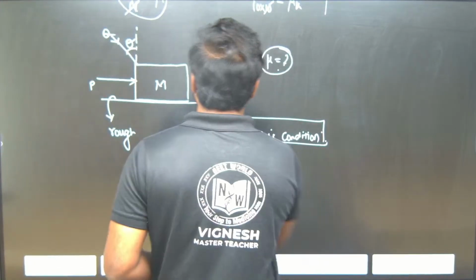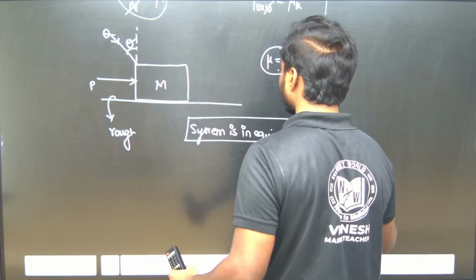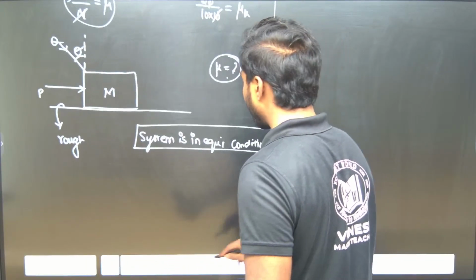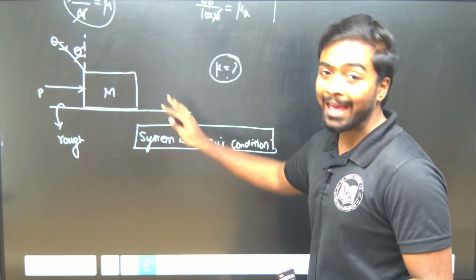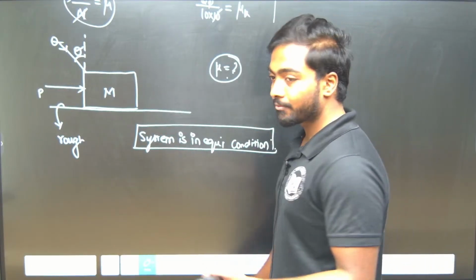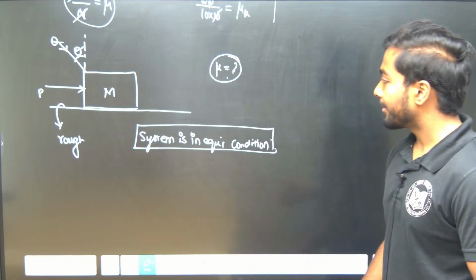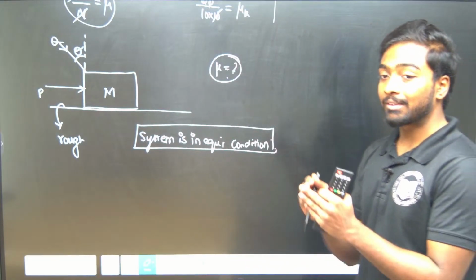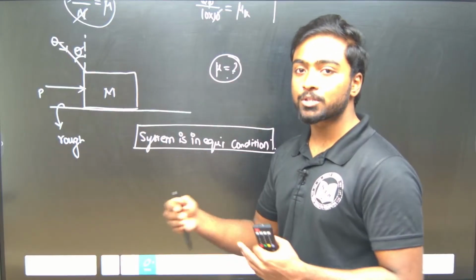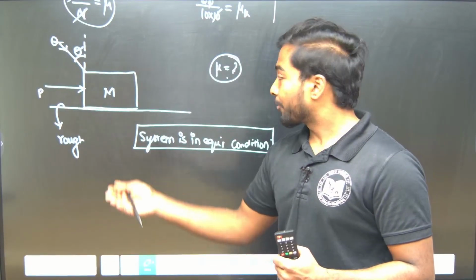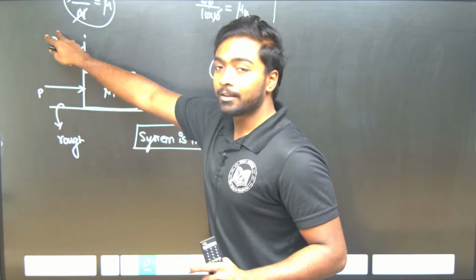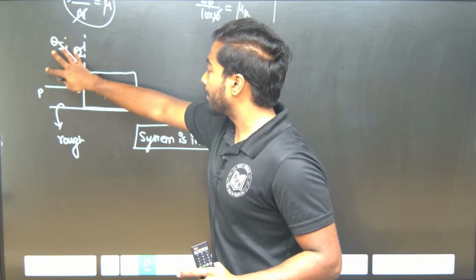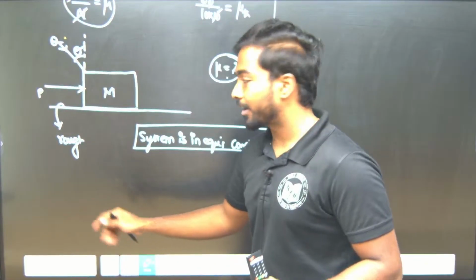Now what I can do is, the system is in equilibrium condition, so there won't be any acceleration. So I can say that the forces acting will be equal to the frictional force. Here P is acting, Q is acting. So the sum of forces will be equal to the frictional force, right?